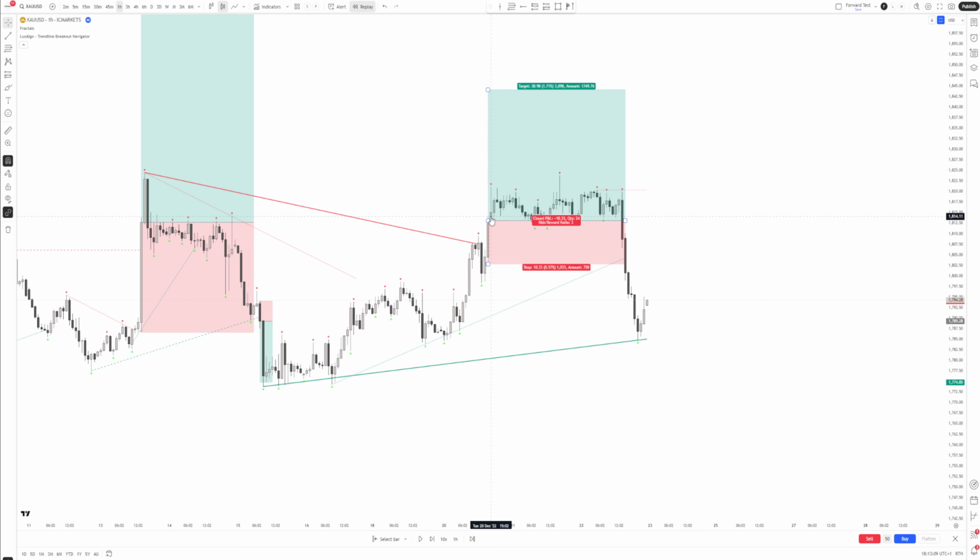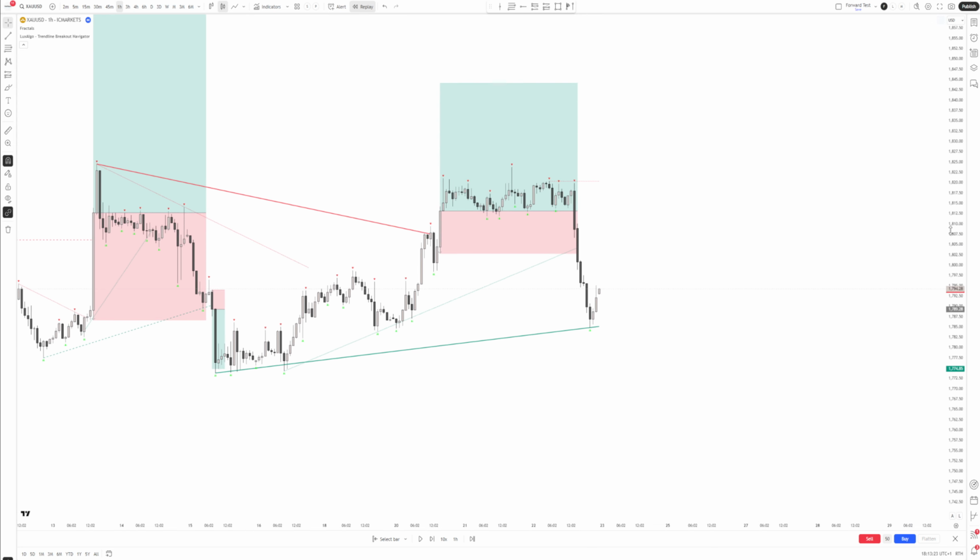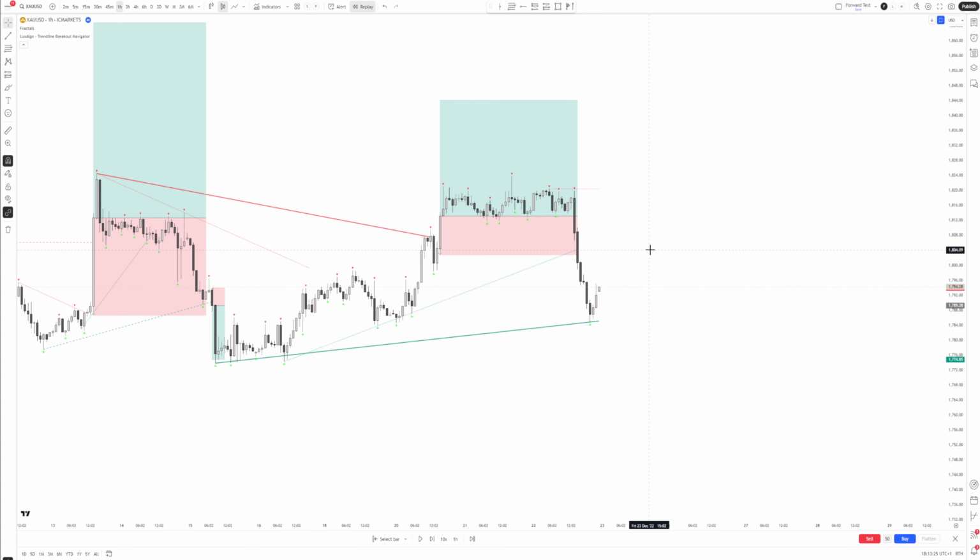This one was actually the New York session, and then it went to the Asian session, and then we were going sideways for a good few days there, and that didn't really work in our favor until price dropped down. Okay, it is what it is. We're not going to overthink it. We're still up 1R. So that means that if we put 1,000 at risk, we're still up 1,000. And we're going to be waiting for another move.